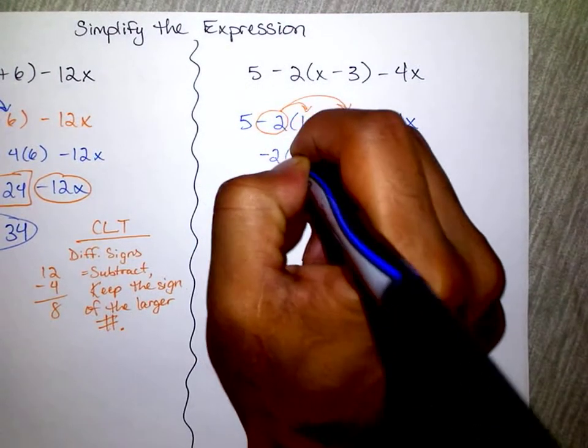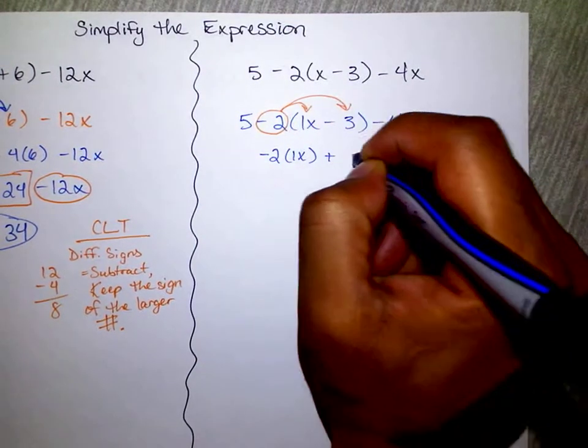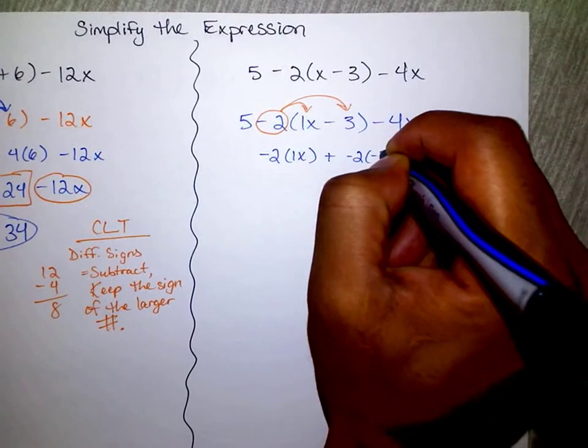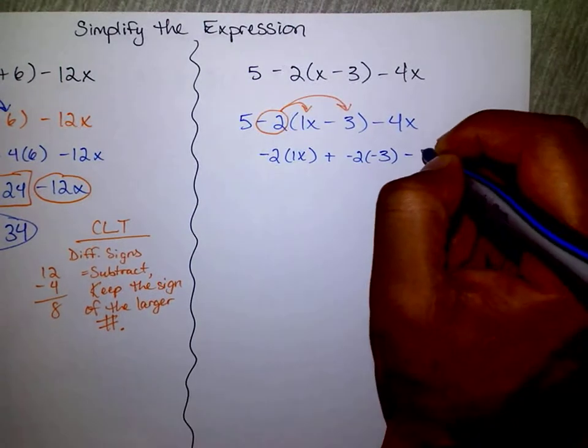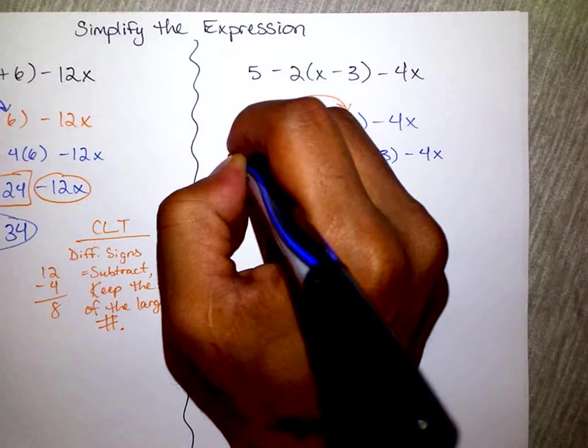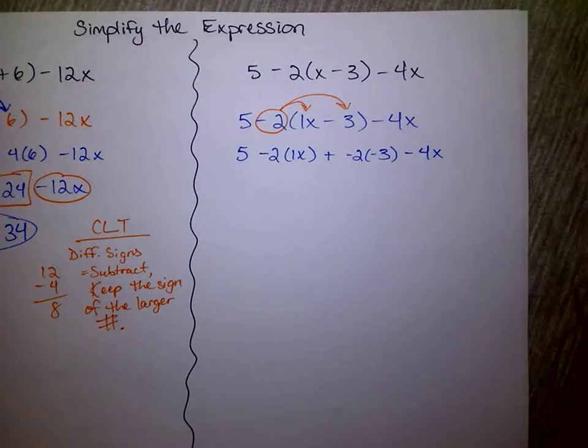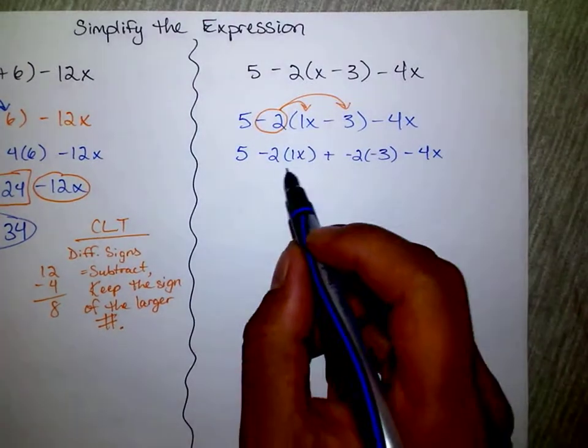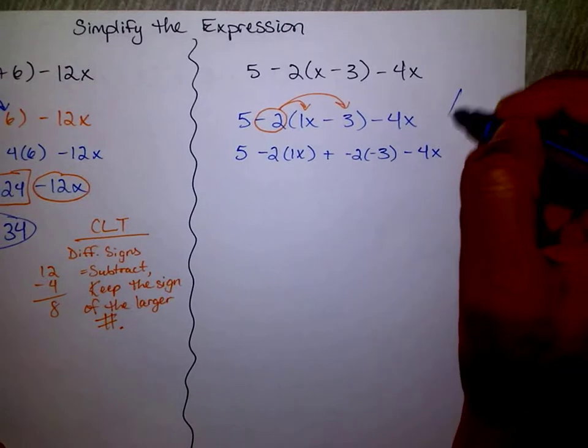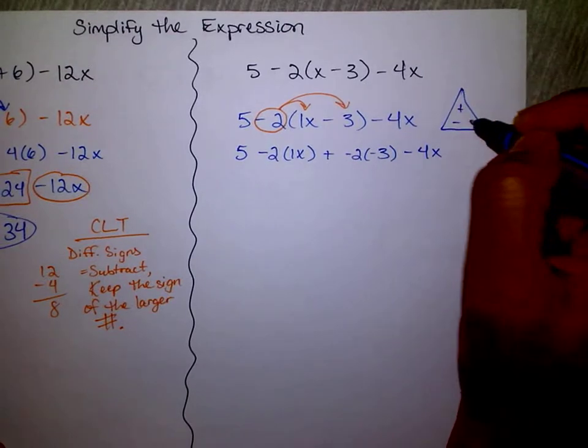So negative 2 times 1x plus negative 2 times negative 3. Bring down everything else around it. Alright. Now I'm going to go ahead and evaluate, and I see that I'm going to be multiplying negatives and positives.